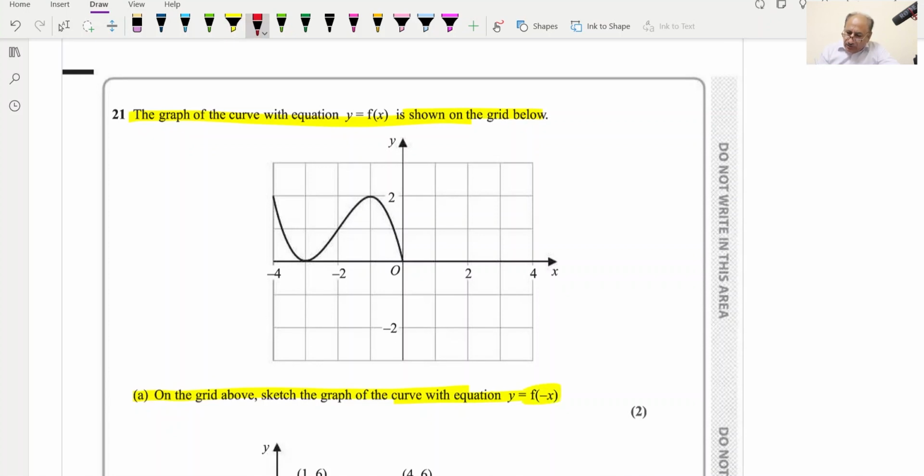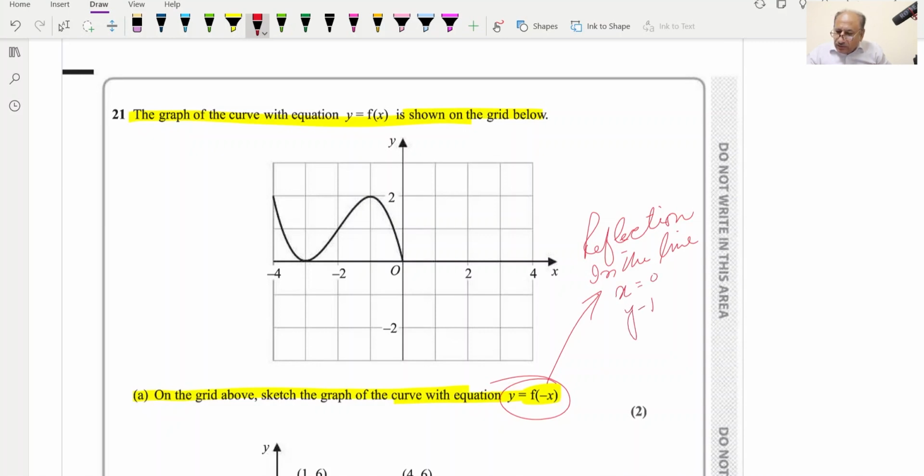And what type of transformation is this? It is basically a reflection in the line x is equal to 0, or we can say the y axis.